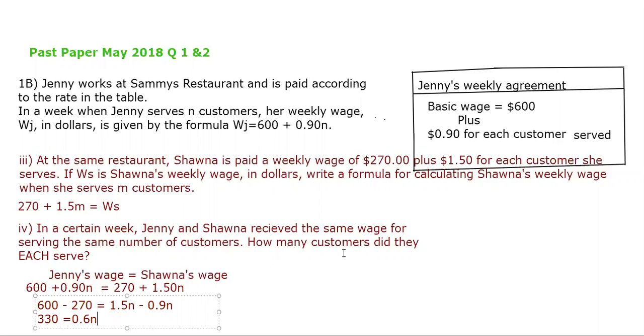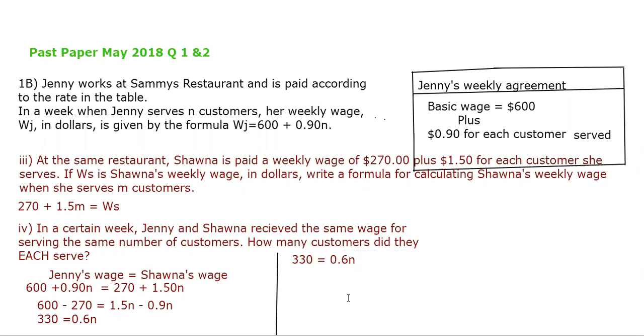Now, this is where we're familiar. Let me add a little line right here to separate everything. Good? Now we have reached a place that we're familiar with. Let me rewrite it over here. 330 is equal to 0.6 n.